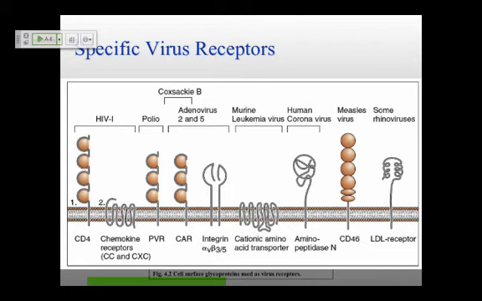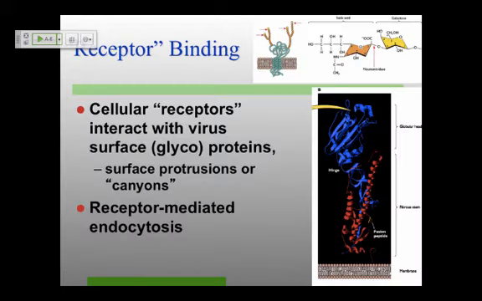Let's look now at a much more specific interaction between these two, probably the best understood of the receptor binding protein interactions with the receptor. When I say receptor binding protein, that's going to be the viral protein, and the receptor is going to be what's on the cell surface. They interact.